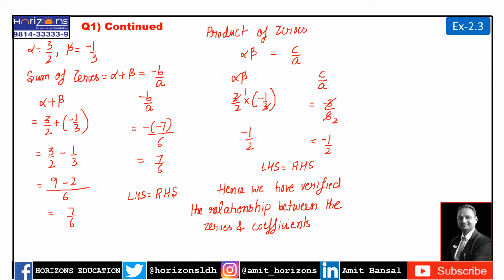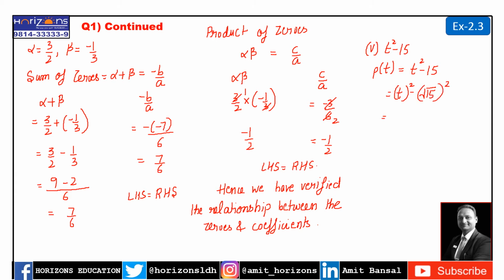Now taking the fifth part of the same question for you. t square minus 15. Let me represent it by p(t). So p(t) is t square minus 15. So I can say t square minus 15 is root 15 whole square.